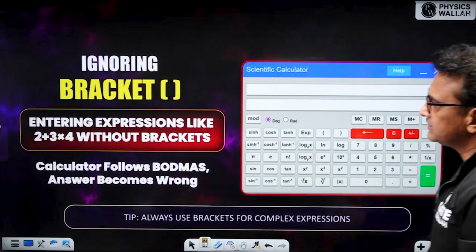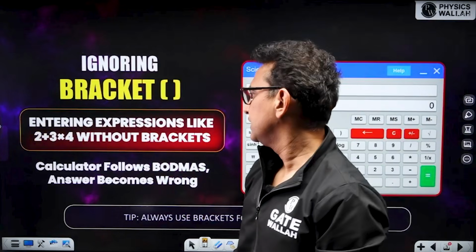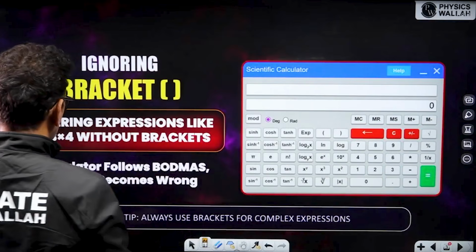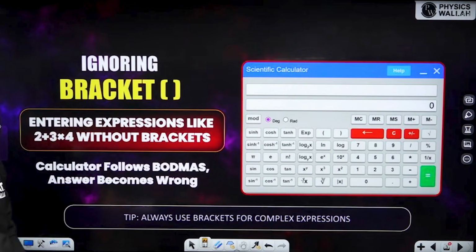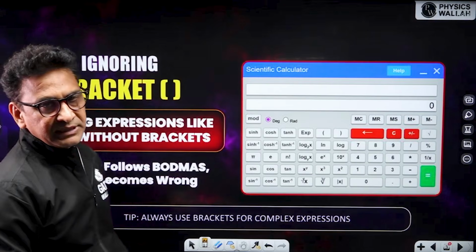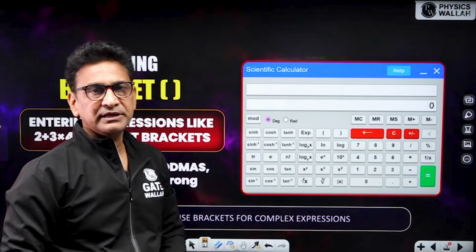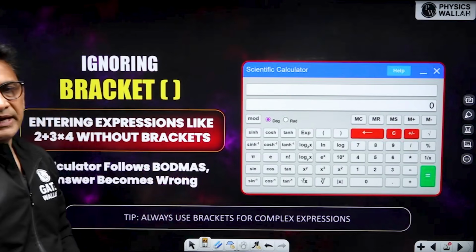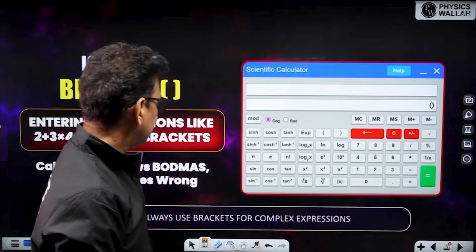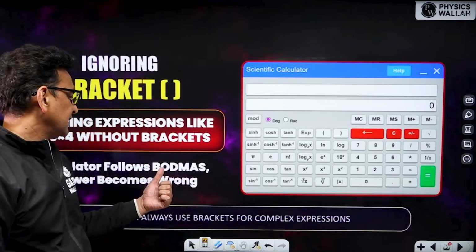The first mistake is ignoring the brackets. The calculator follows BODMAS, so the answer becomes wrong otherwise. We all know that not only the GATE calculator, but every calculator follows the rule of BODMAS. That means in any mathematical expression, they will first follow the bracket, then order.